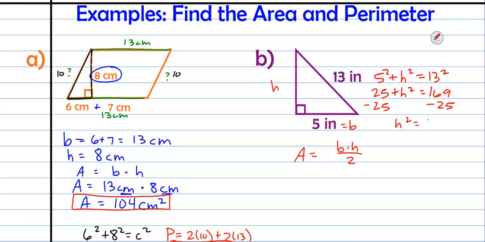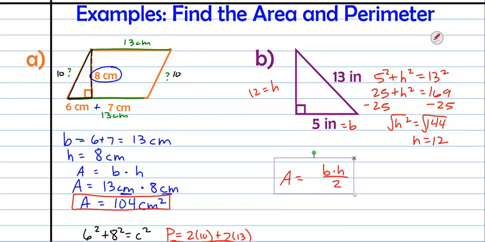And what's that going to be? 144. And the square root of 144 is 12. So now we have the height. 12 is the height. So now we can go ahead and find everything. So area is going to be, I'm just going to slide this down and kind of use the same thing. So we're going to have base is 5 inches times height, which is 12 inches, over 2.